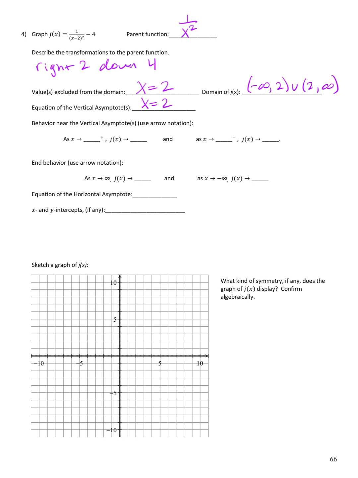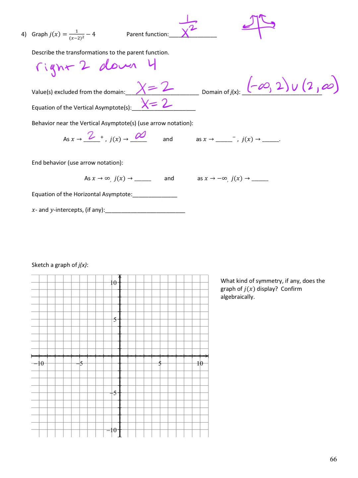And then behavior near the vertical asymptote. I'm just going to draw a sketch of the parent function, 1 over x squared. Remember, it looks like this. So, sorry, it's not approaching 0 from the right. It's approaching the asymptote from the right, and the asymptote is at 2. So as x approaches 2 from the right, the graph goes up to infinity.